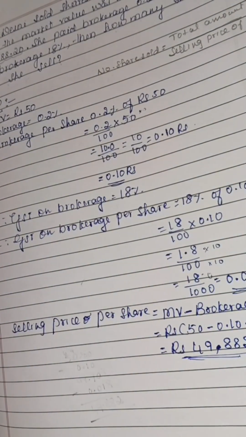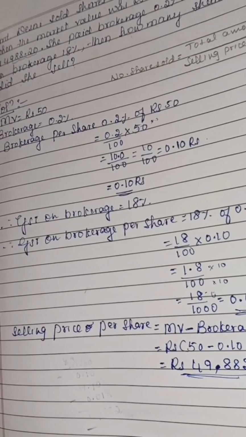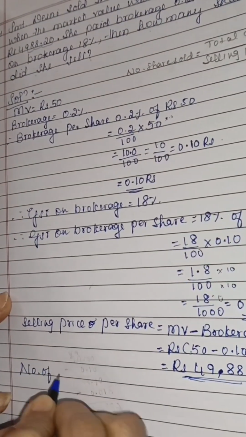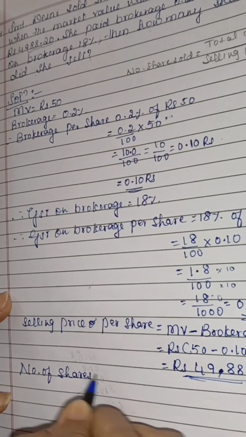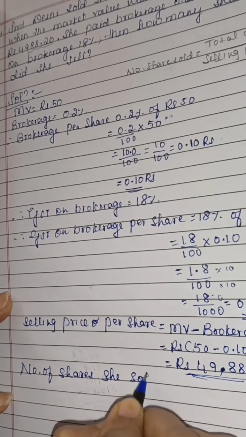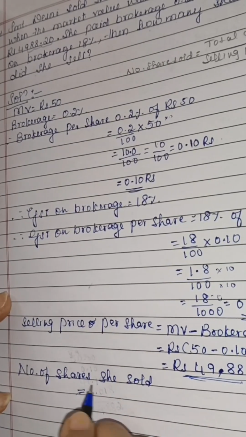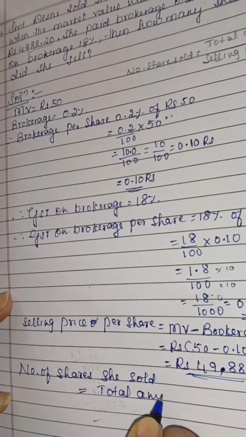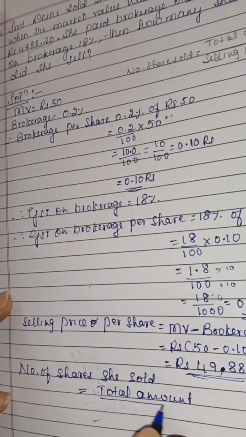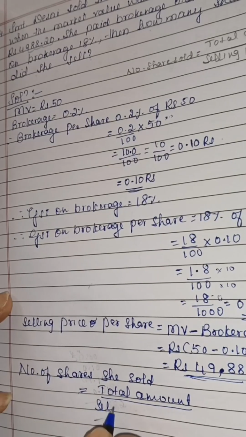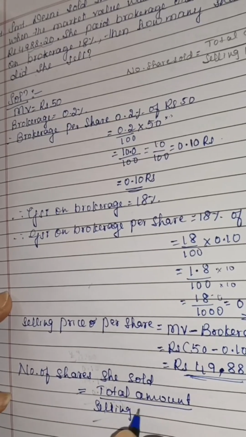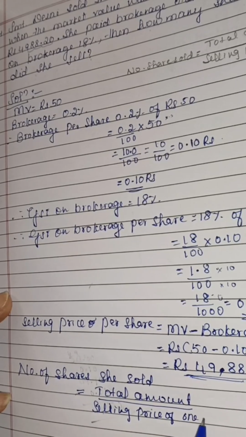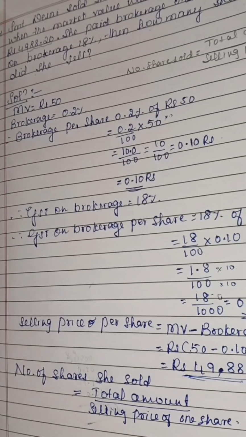Therefore, the number of shares she sold is the total amount received divided by the selling price of one share.